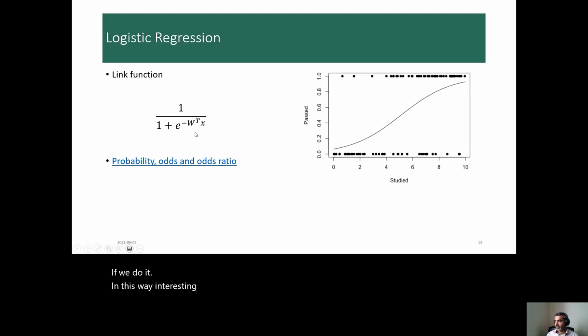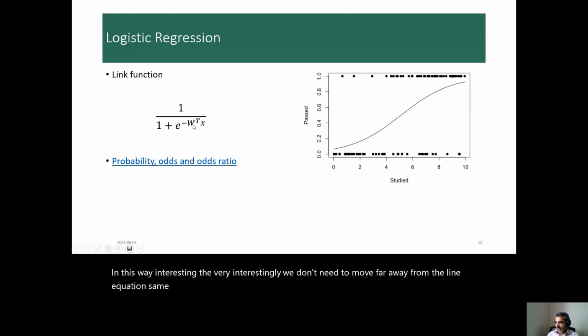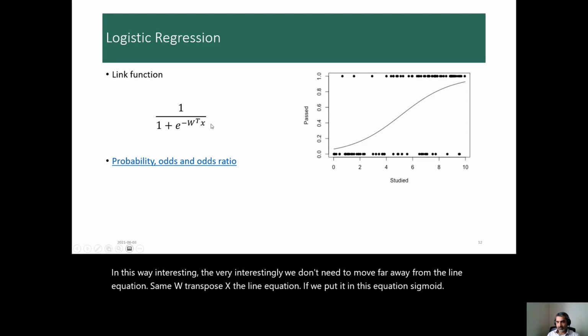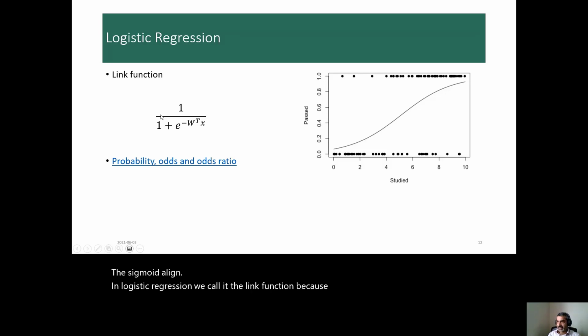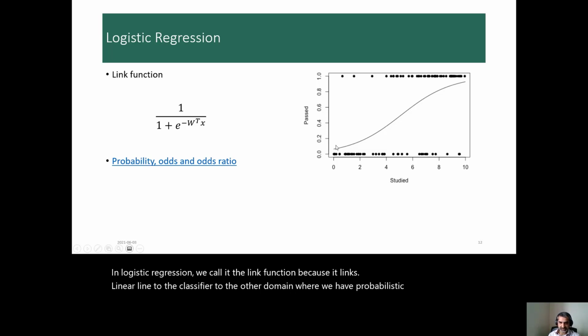Interestingly, very interestingly, we don't need to move far away from the line equation. Same W transpose X, the line equation, if we put it in the sigmoid form, it's 1 over 1 plus e raised to power minus W transpose X, the sigmoidal line. In logistic regression, we call it the link function because it links the linear line to the classifier, to the other domain where we have probabilistic interpretation of the classification result.